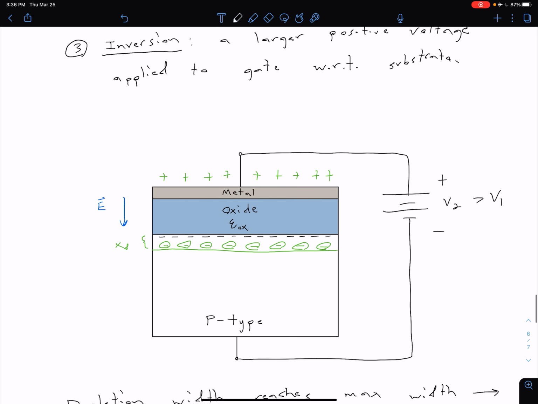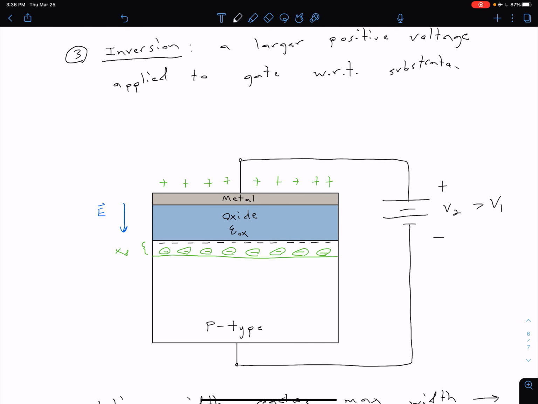What we can see is that inversion layer of electrons allows for a path, and what we're going to look at in the next video is adding on some extra pieces to this. Let's say we have a reservoir of electrons over here and a reservoir of electrons over here.